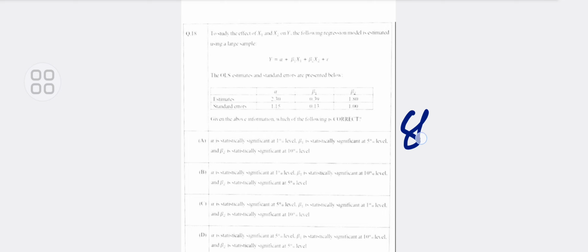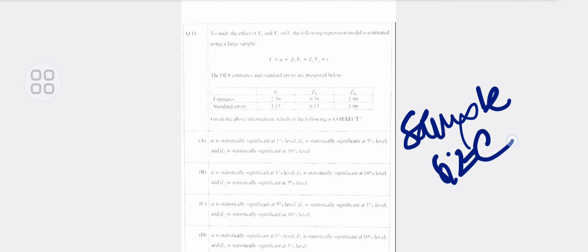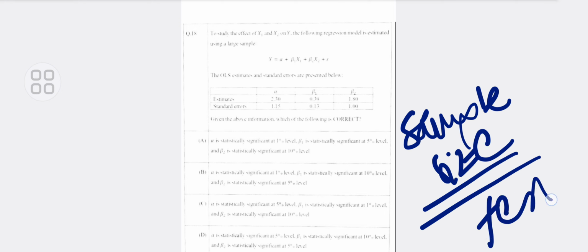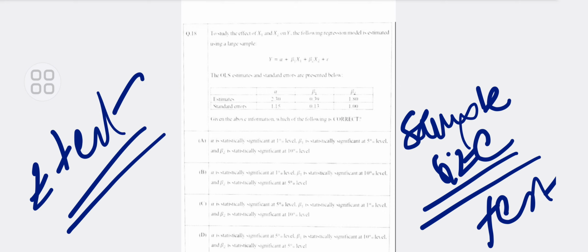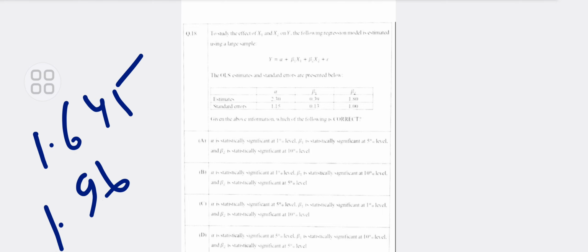Because we know the sample size, and on it we decide the test we are going to use. Here we will use the Z test, because of the sample size. Then we compare with 1.645 and 1.96 to check whether the answer is statistically significant or not, and accordingly we can tell.